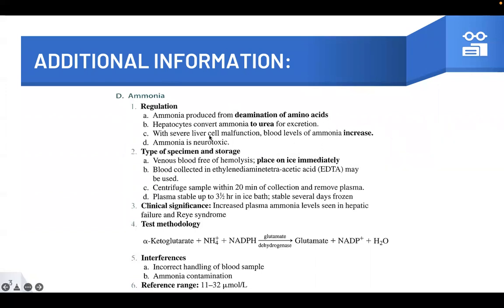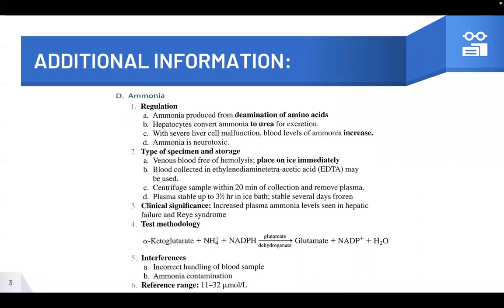Pakitandaan na si ammonia ay neurotoxic. Bakit po neurotoxic si ammonia? Pagka nakarating yan sa ating blood circulation, or into the bloodstream, it can gain a proton. So from being ammonia, it can become ammonium. This ammonium may travel into our CNS, the central nervous system, and it can lead to cerebral edema.